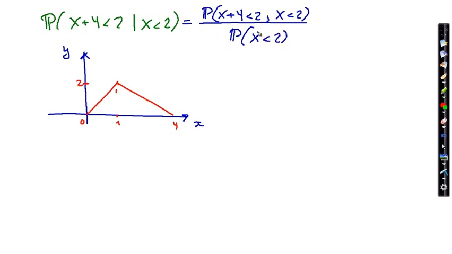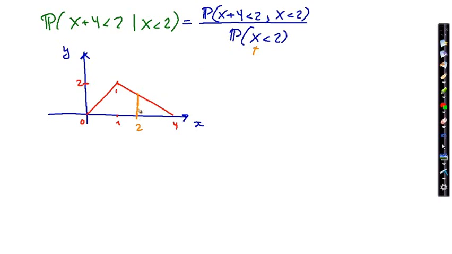Now, the probability that x is less than 2 is the following. So we are calculating, this is 2. X is less than 2 means x is in this side, and because our points cannot be outside of this triangle, I need to just mark the part in that triangle with coordinate x less than 2.